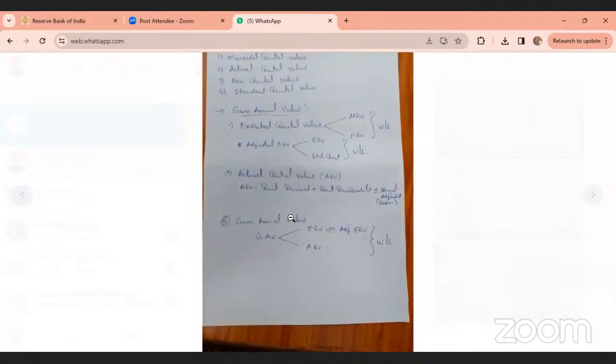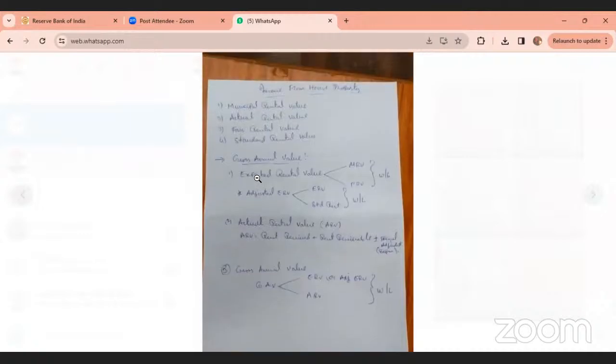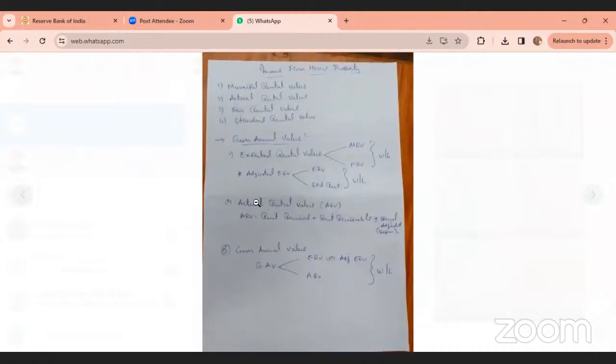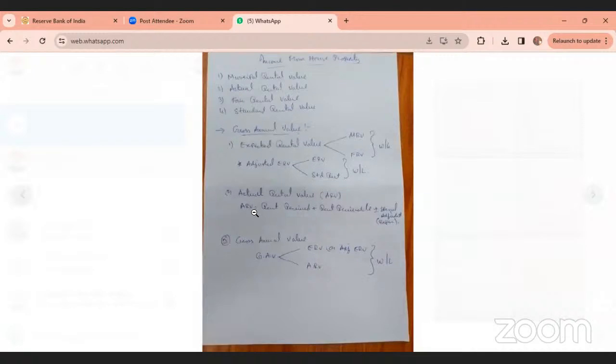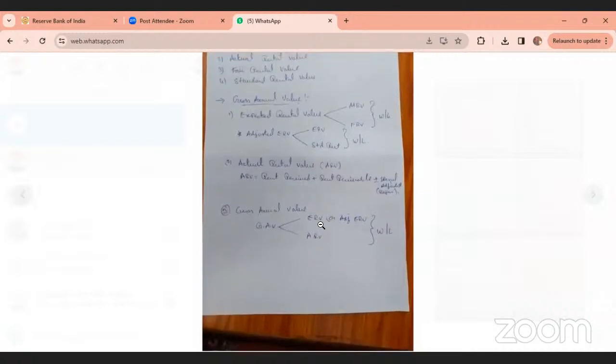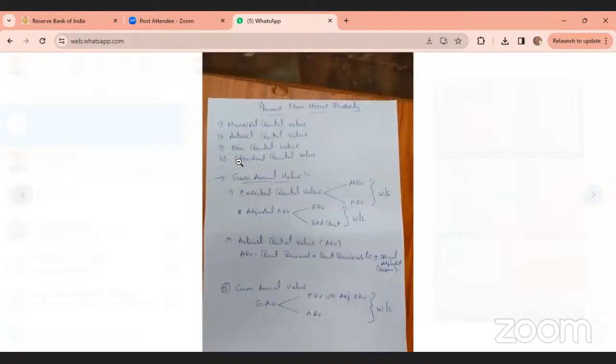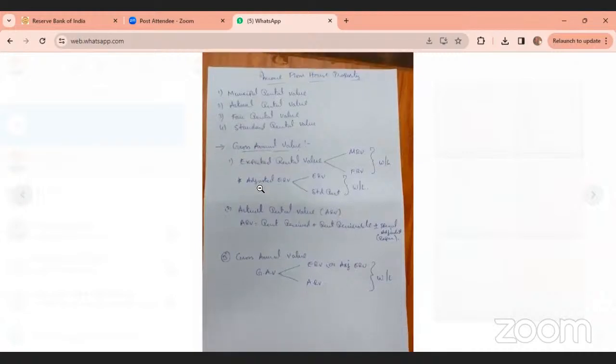So what is the procedure for calculation of gross annual value? First, you have to find out expected rental value. Next, you have to find out actual rental value. After that, you calculate gross annual value. Here, ERV or adjusted ERV. Adjusted ERV, when it comes only when in the sum they given standard rental value. In that case only, you have to take the adjusted ERV.